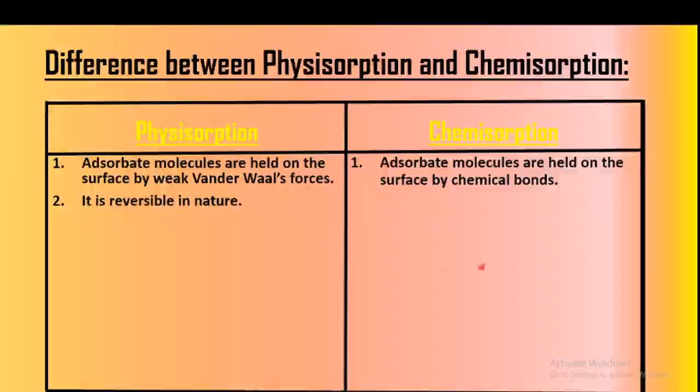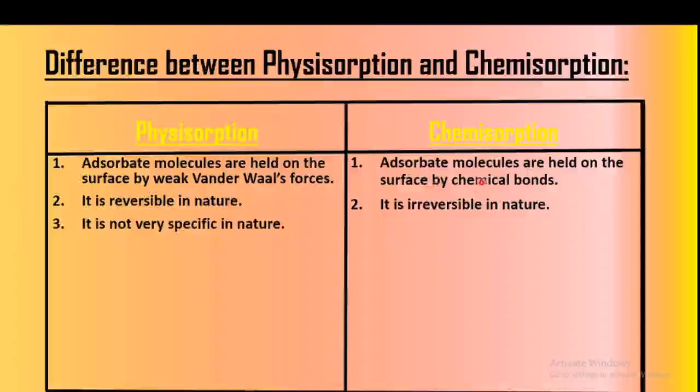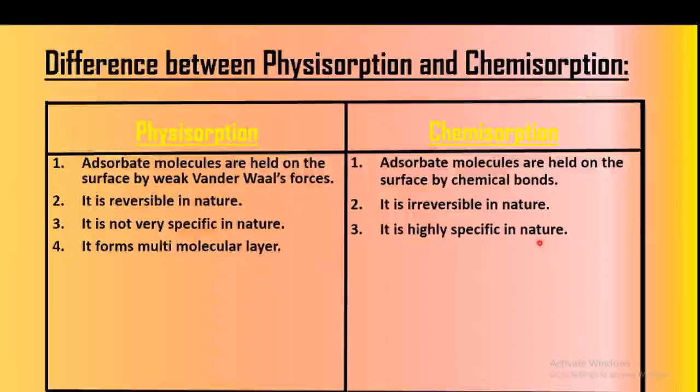Physisorption is reversible in nature, and chemisorption is irreversible in nature because there is formation of chemical bonds. Physisorption is not very specific in nature, but chemisorption is highly specific. In physisorption, a multimolecular layer forms. In chemisorption, only a monomolecular layer is formed.